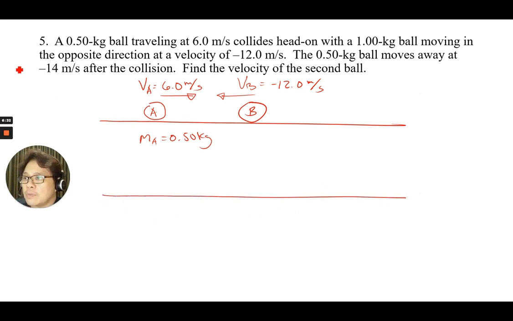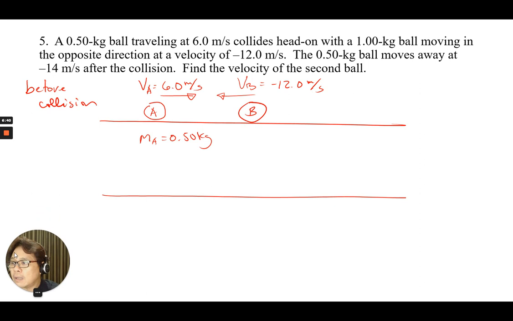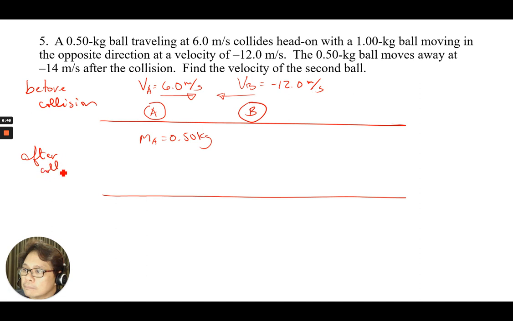So this is before collision, and this is after collision. So ball A, after colliding with ball B, moved in the opposite direction, moved away.